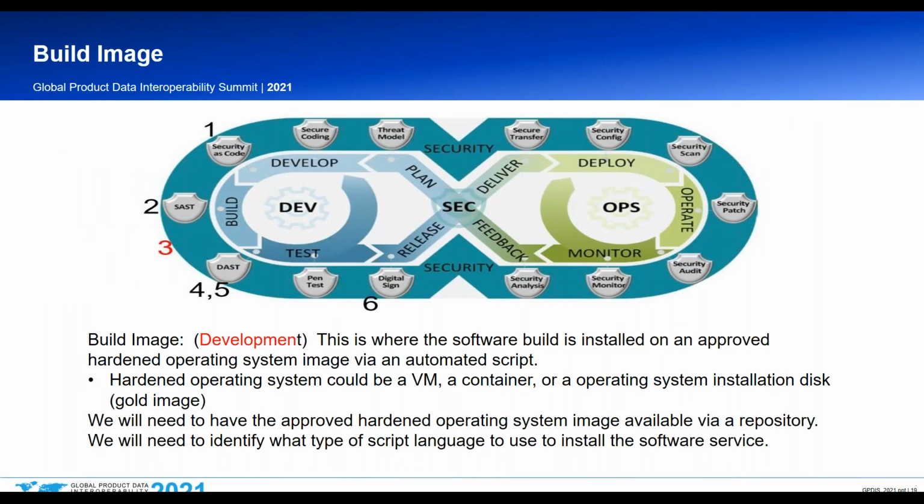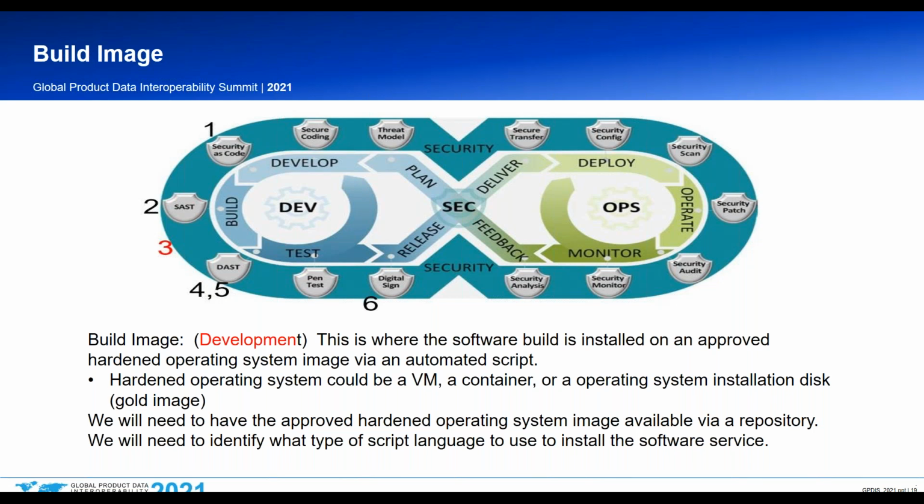Okay, so now we're getting into the specific development part, where if the same hardened operating system is used from development through integration through operations, the development team can create the automated installation script during development.